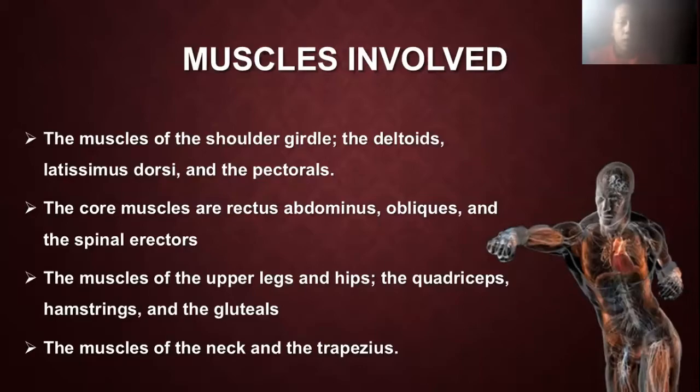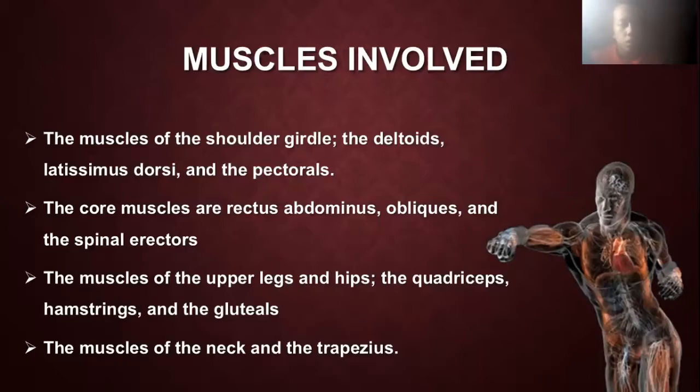The next one is the hamstring, located between our hips and knee. And the next one is the gluteal, which makes up our buttocks. And the last one is the muscles of the neck and trapezius.